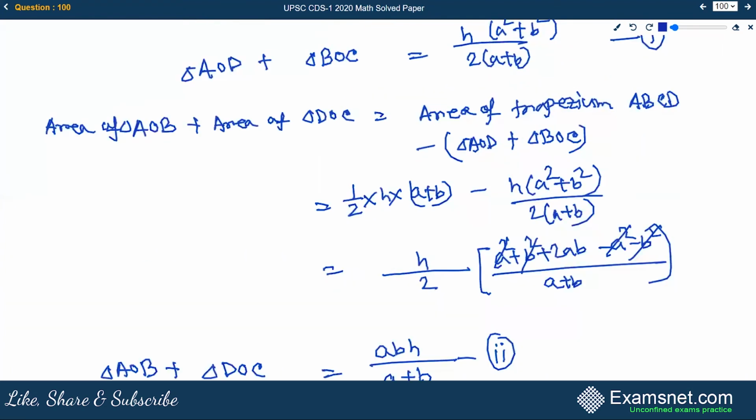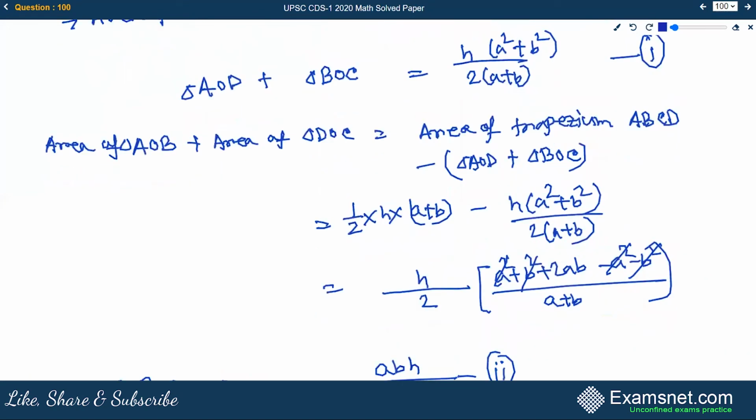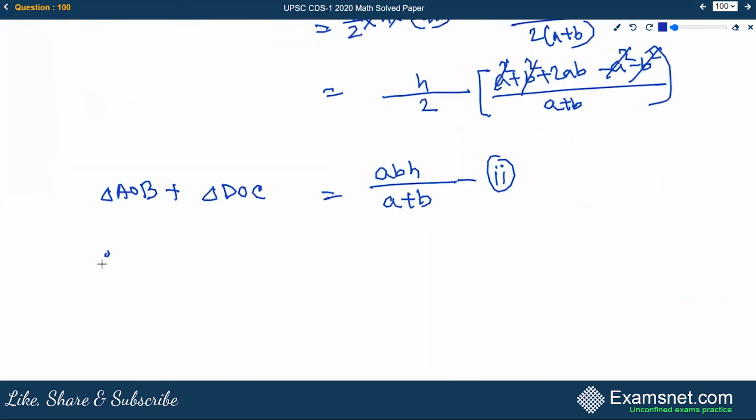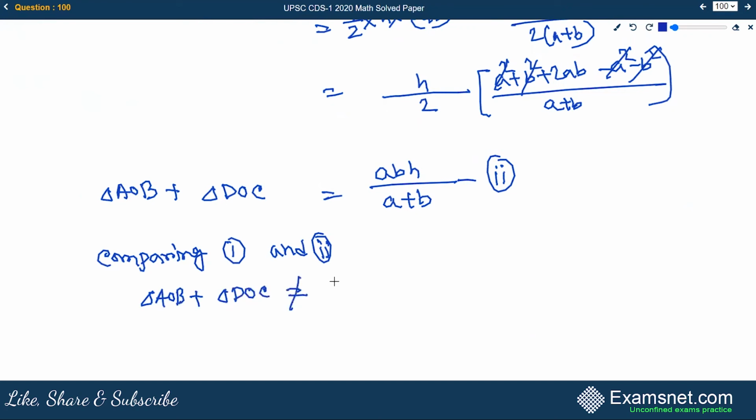Now, comparing equation 1 and equation 2, comparing 1 and 2, we can say the area of AOB and DOC is not equal to the area of AOD plus the area of the triangle BOC.